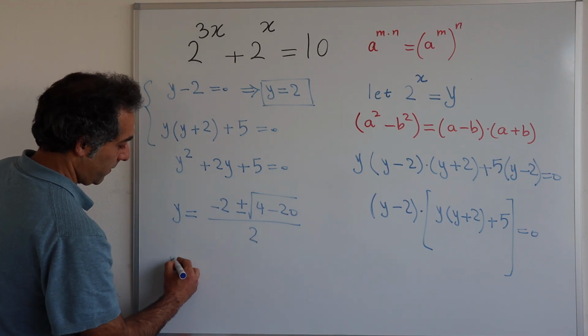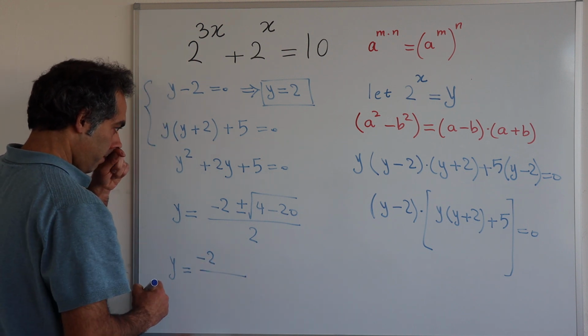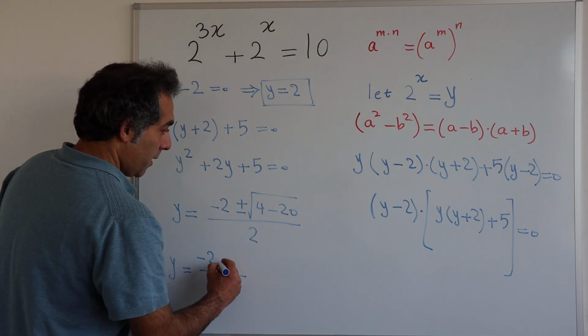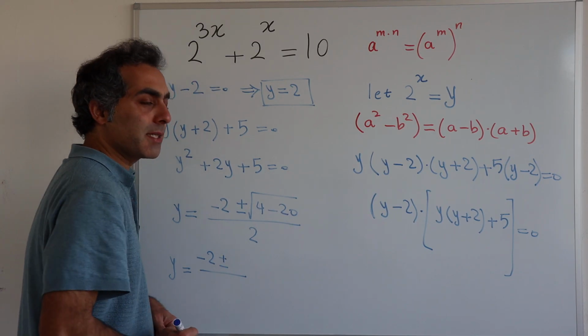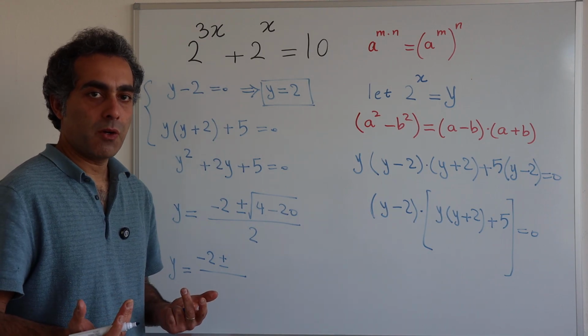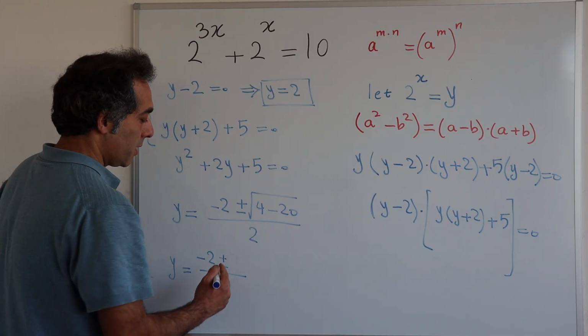And I write here minus 2. This is minus 16. And maybe you know the square root of minus 16 is not a real number, and you have to write it as an imaginary number.